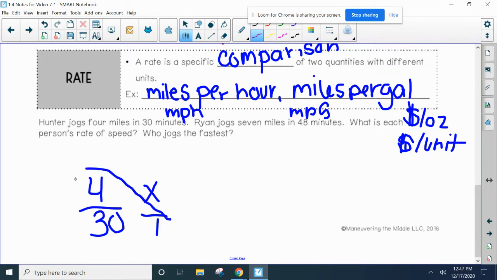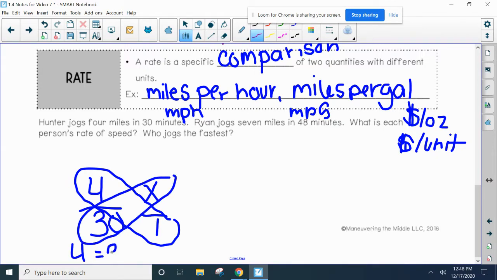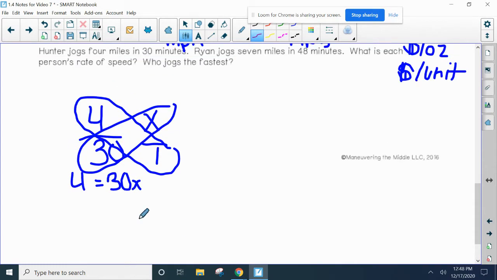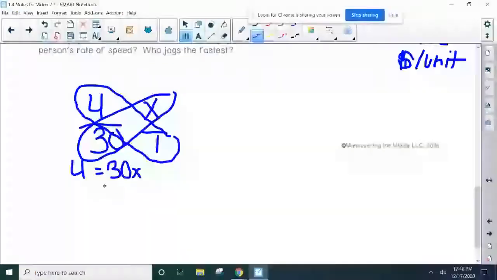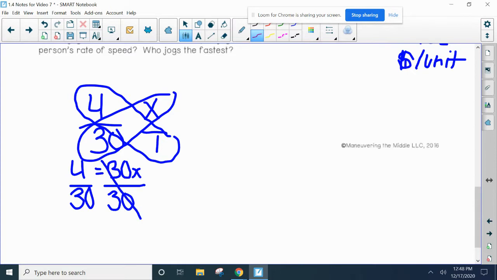I'm going to multiply my diagonals. So 4 times 1 is 4, and x times 30 is 30x. So 4 equals 30x. And I want to solve for x. So we're going to end up back with 4 over 30 equals x. But they won't always be in the right order, so I just want to make sure that we've got it. So 4 over 30 is equal to x.